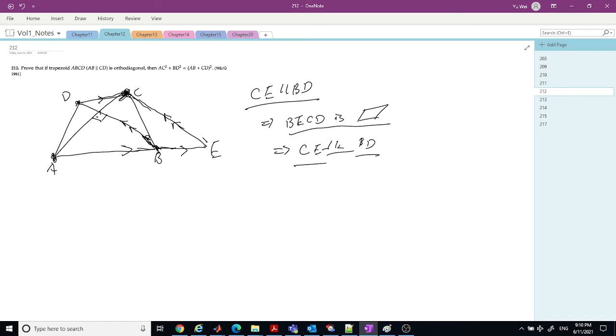So now you can see if AC is P, BD is Q, then this one is Q, then AC square plus BD square is equal to P square plus Q square, which is equal to AB plus BE of the square, right? Because this also is 90 degrees.